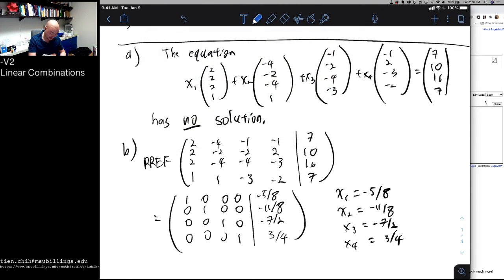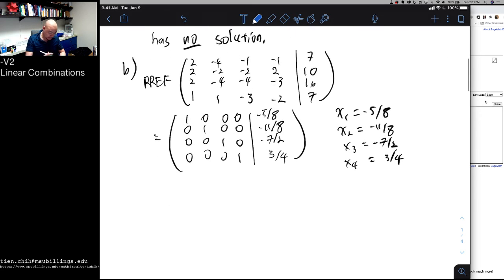I can go back here and say minus 5/8 times the first vector, minus 11/8 times the second, minus 7/2 times the third, plus 3/4 times the fourth, and if I were to work that all out, that would be 7, 10, 16, 7.